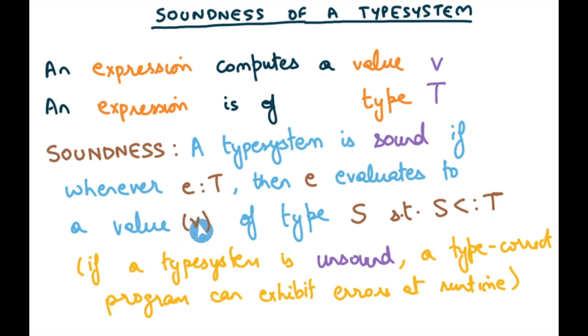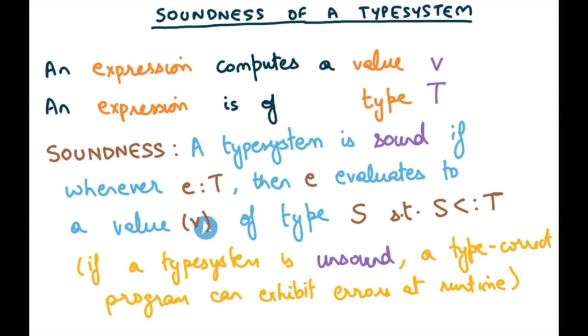All those values will have their own types, s1, s2, s3, and so on, such that if it computes a value v of type s, then s must be a subtype of t, right?